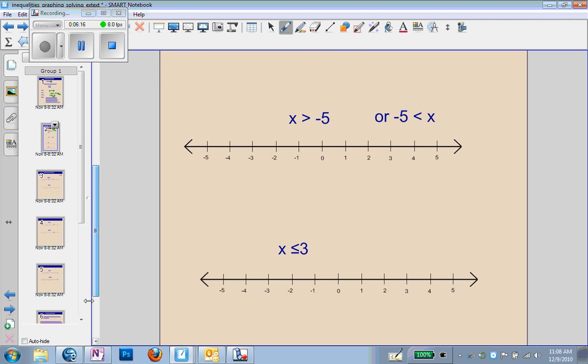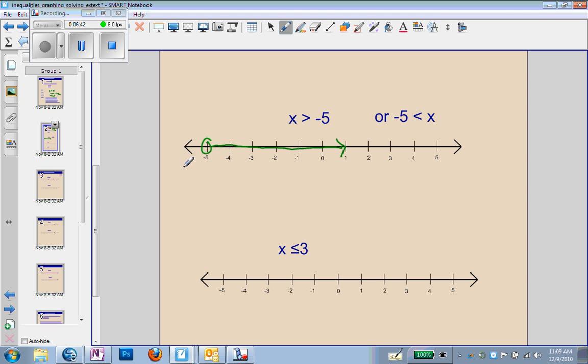Okay, so let's look at an example. Here we have x is greater than -5, so I would use an open circle on -5, and then I would have my arrow pointing in the positive direction. So let me explain what this means, because this is really the key to understanding open circles. If I look at -5 and -4, there are an infinite number of numbers between there.